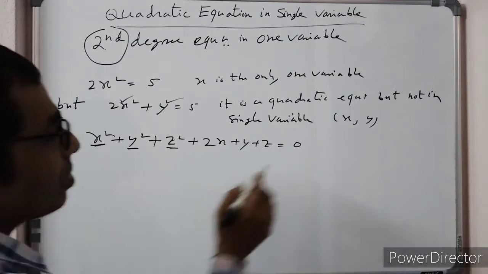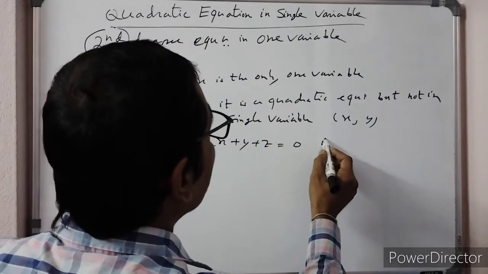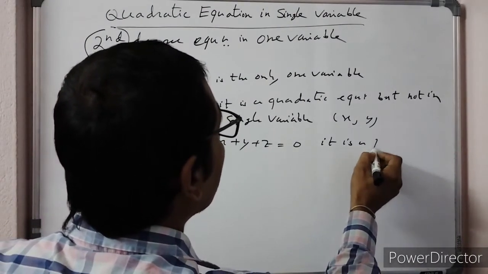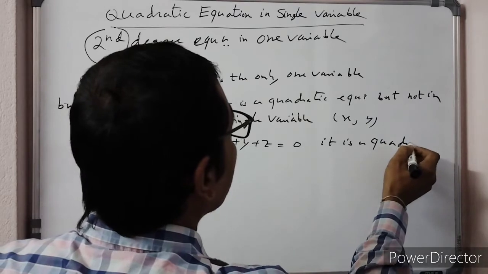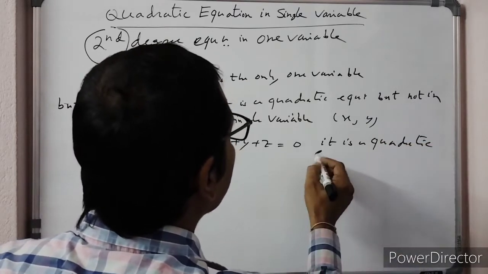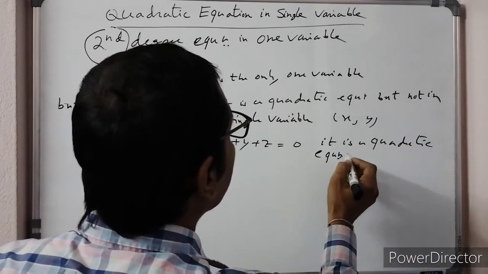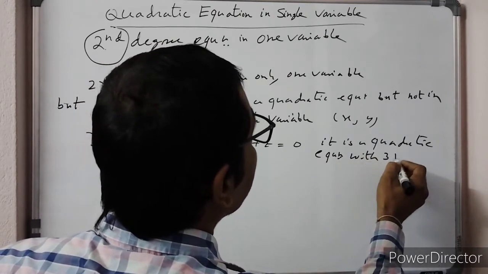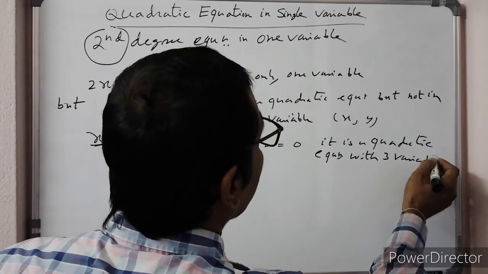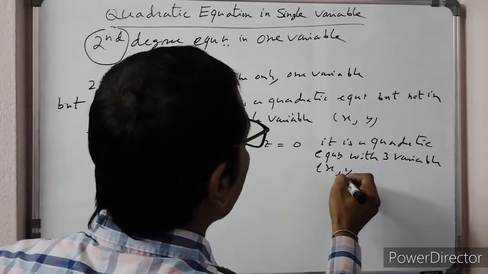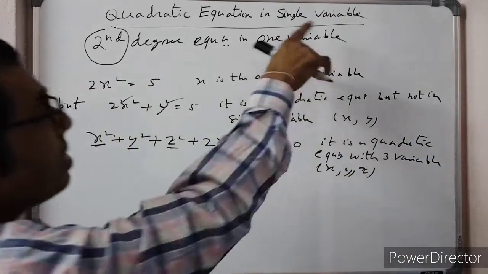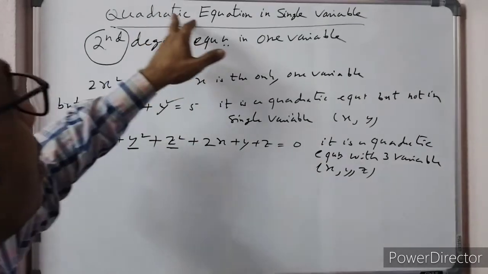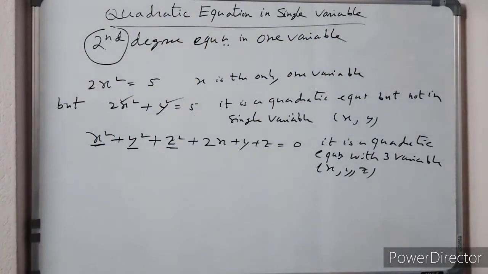It is a quadratic equation with three variables x, y, z, but not in single variable. Our syllabus is quadratic equation in single variable.